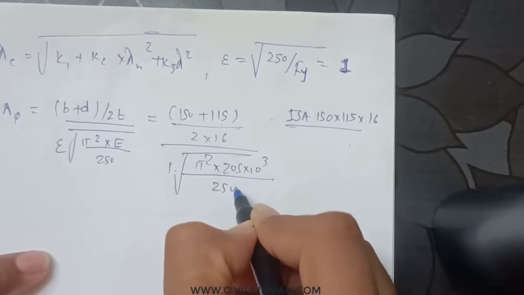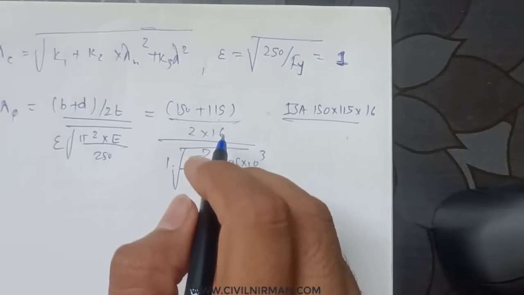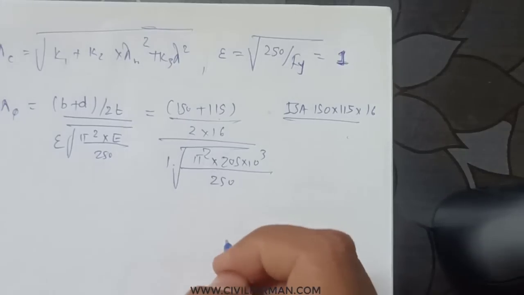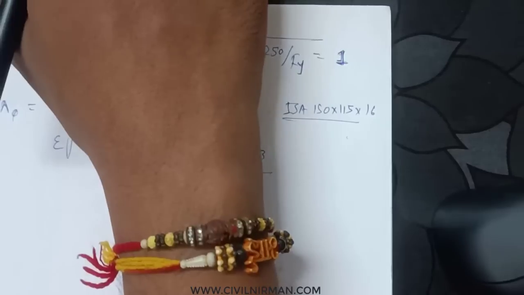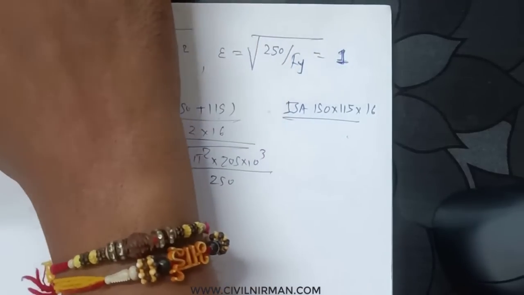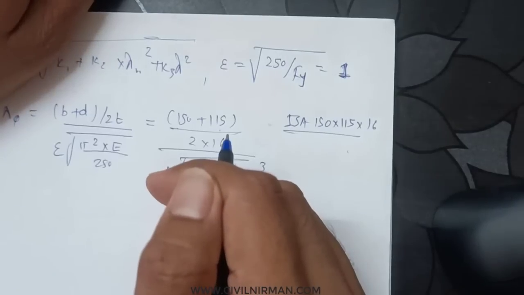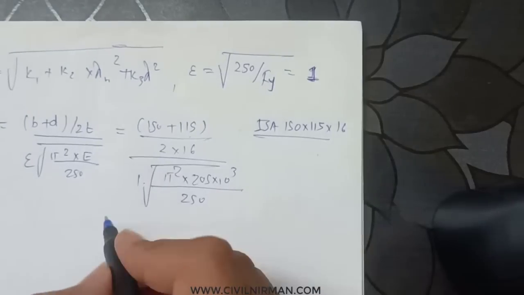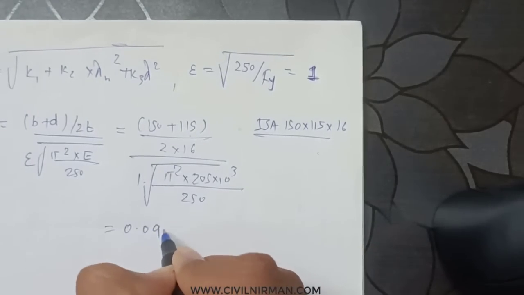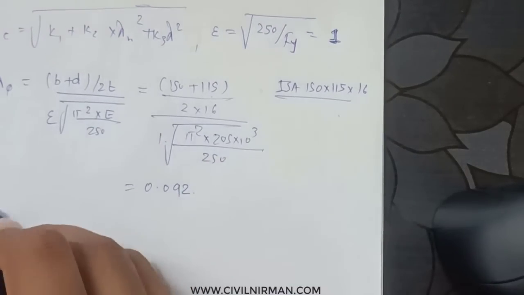So let's just calculate this, and we will get the value as 0.092. Okay, so from that we will simply get the lambda VV as well.